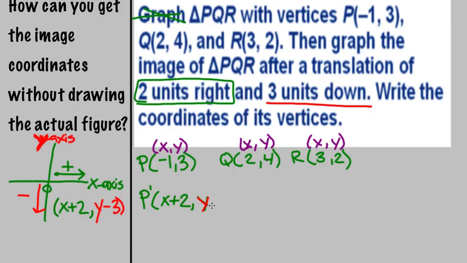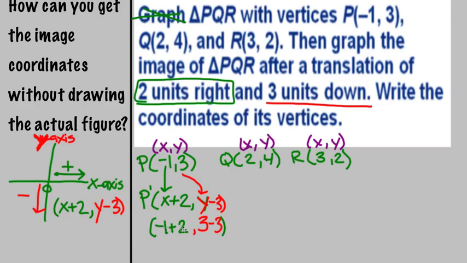I know that this value here is y, so all I'm going to do is plug it into this place: 3 minus 3. For this point, the x value is negative 1. So I'm going to take negative 1 and plug it in for the x. Now all I have to do is solve this.